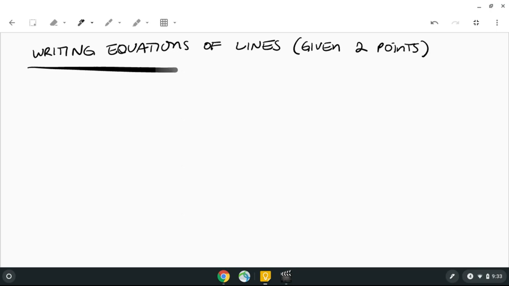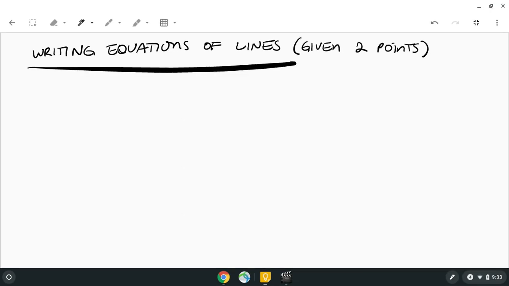Okay, so the first thing you need to know is that we need M, slope, and B. Okay, so we need these two things in order to write the equation of a line.